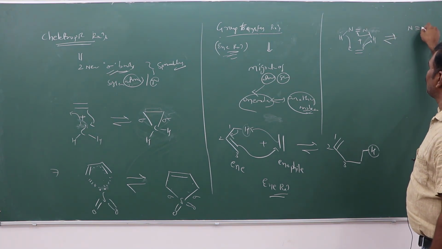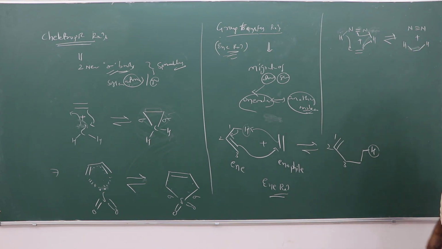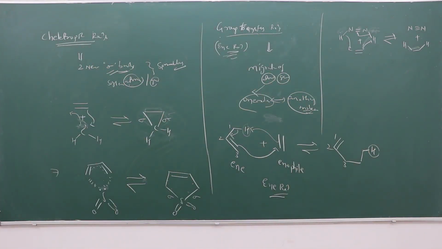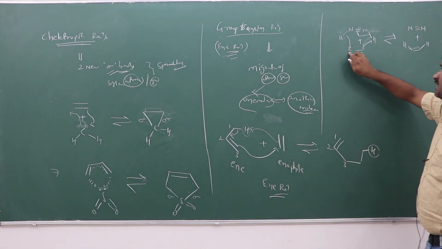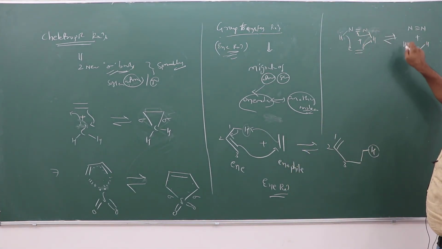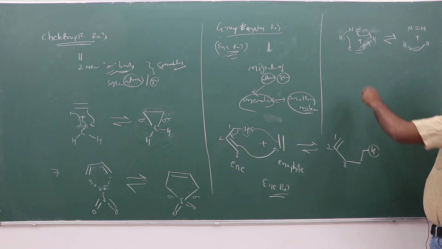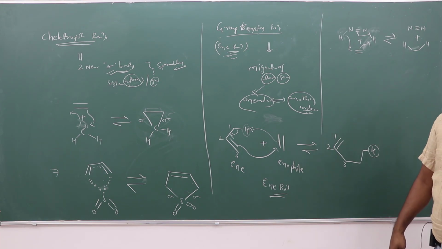These two hydrogens will be taken, and here it is N triple bond N and CH2, CH2, HH. That is diimide to the olefin. This is also an example of a group transfer reaction.